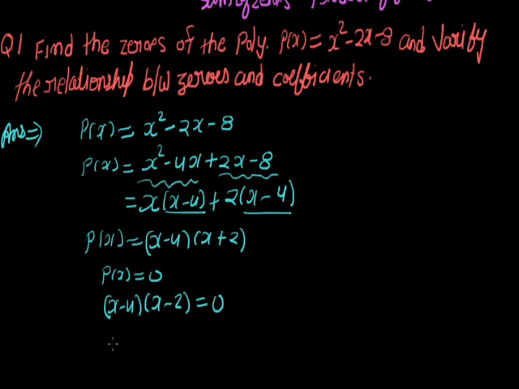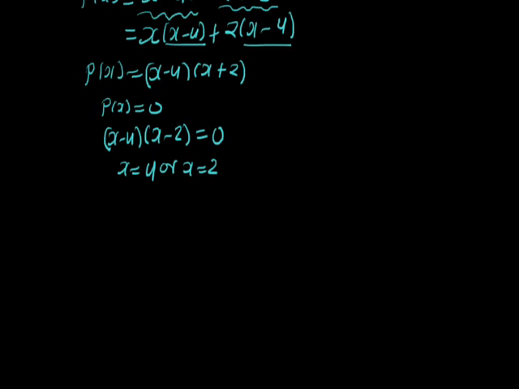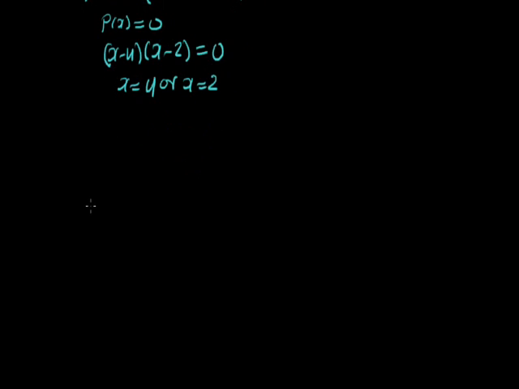So from here we get either x is equal to 4 or x is equal to 2, which are the zeros of the polynomial. Let us denote one zero by alpha and the next zero by beta. So alpha is equal to 4 and beta is equal to 2.